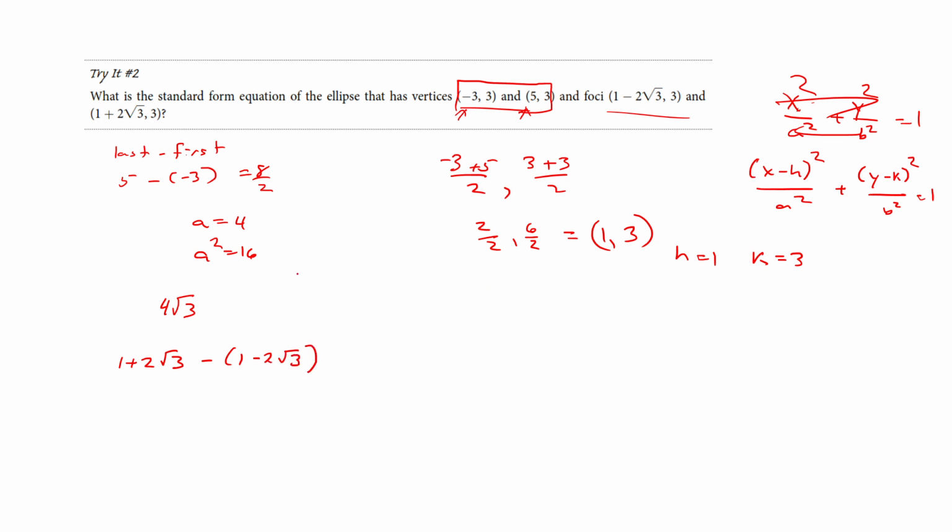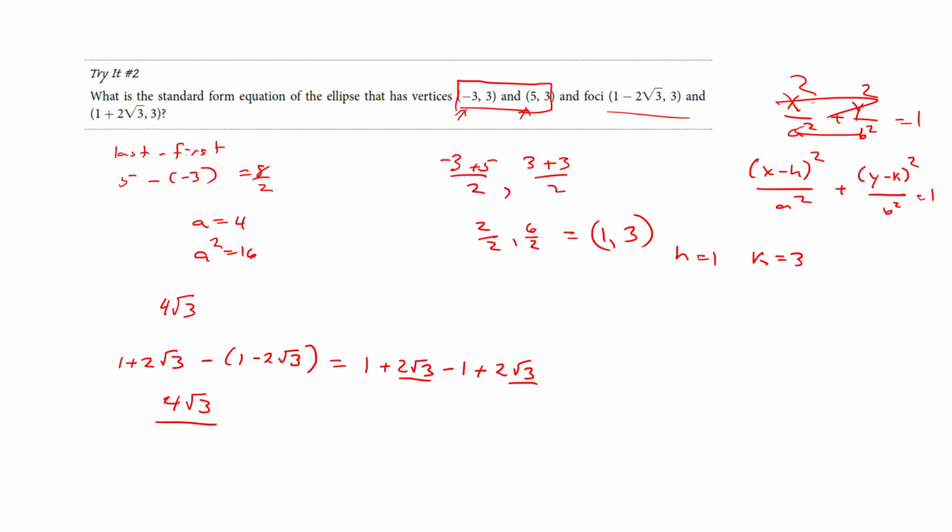I'm just going to do the last point minus the first point to find the distance here. So make sure you understand that the negative would distribute here. The ones will cancel, and now I have a positive 2 root 3 plus 2 root 3. Now I've got 4. Remember how this works? Radical 3 is like a variable, so this is 4 radical 3.